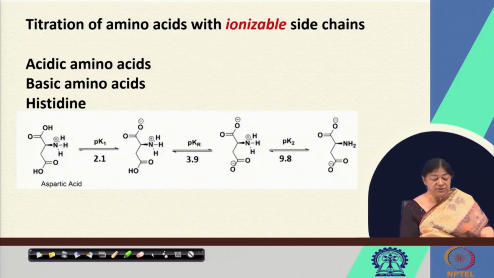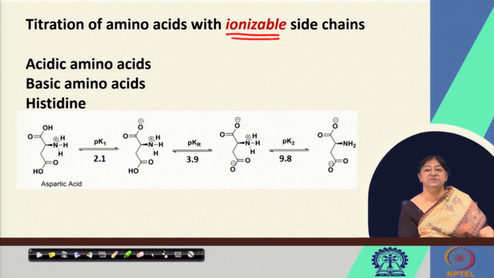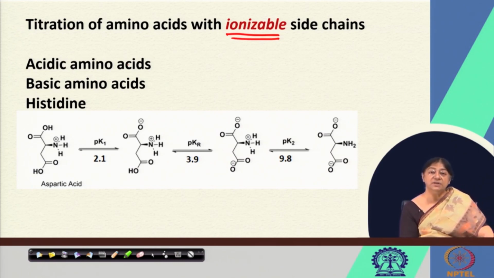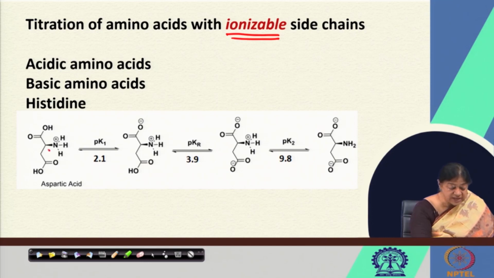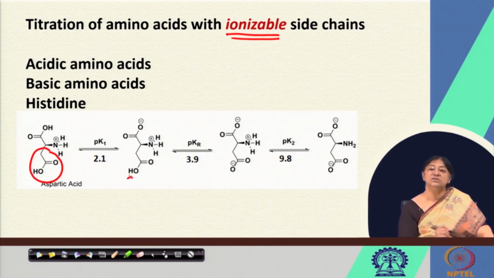So when we look at the titration of amino acids now with ionizable side chains, this is going to make it a bit different. Why? Because the acidic amino acids are going to have, in addition to the general NH3 plus and the COOH that is associated with every amino acid, an additional side chain. This side chain of the aspartic acid that we are looking at also has a proton, so that is also going to be lost when we do the titration.